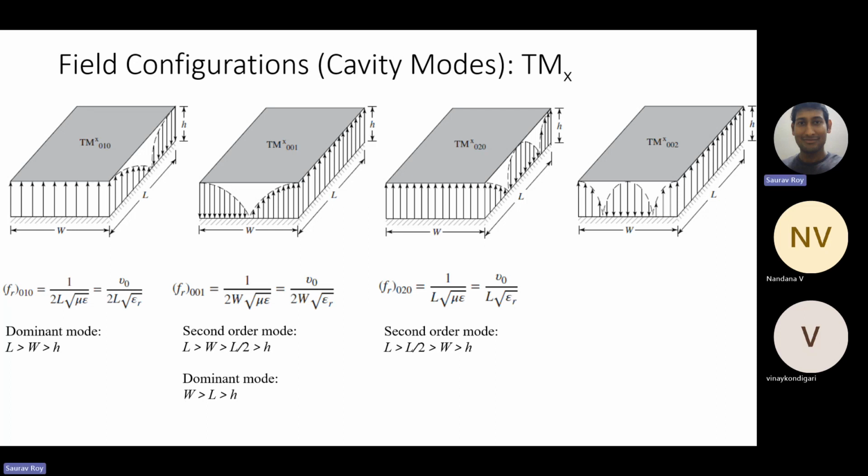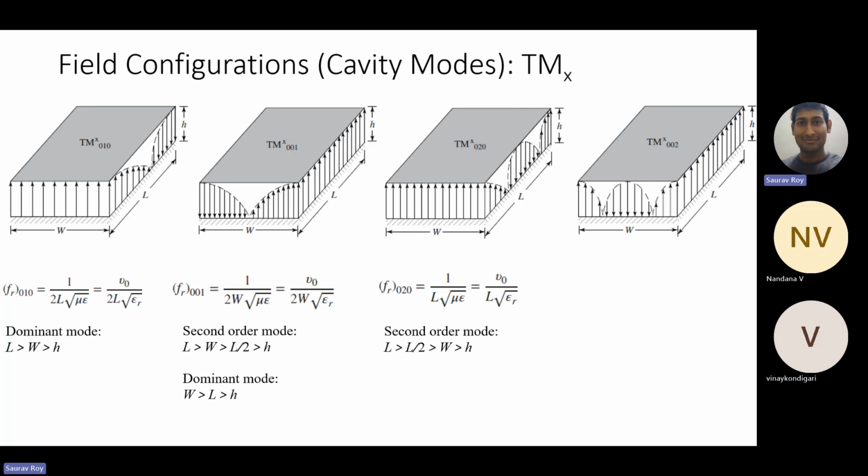This half wavelength variation, we have already seen. This is the basic mode of any microstrip patch antenna, right? That happens because it behaves like an open circuit transmission line. So both the left and right ends have opposite field configurations. This is again a cos theta variation.